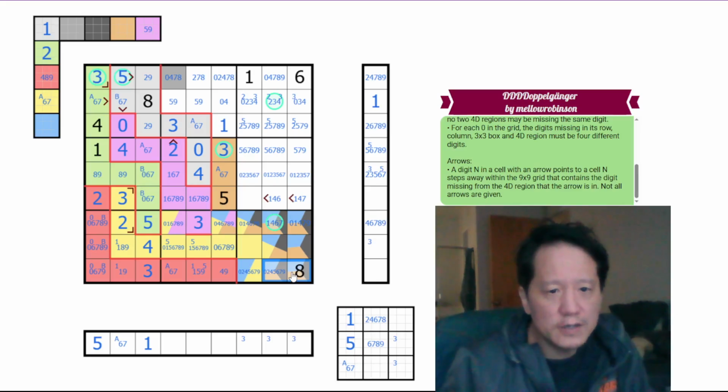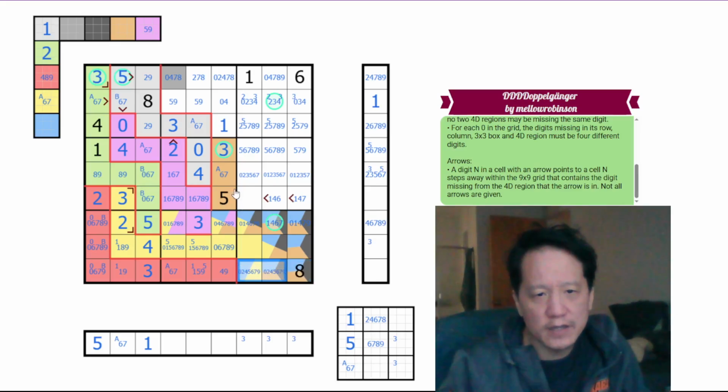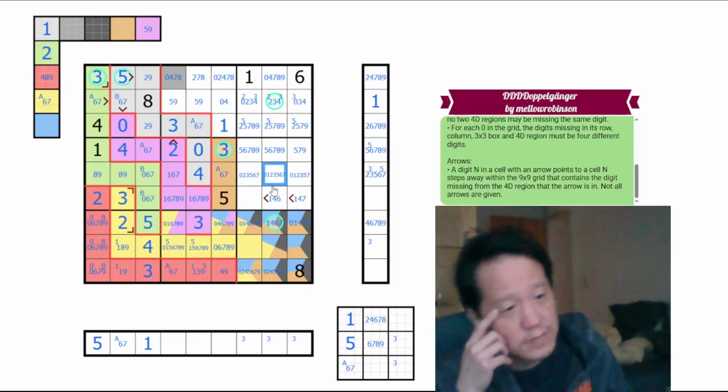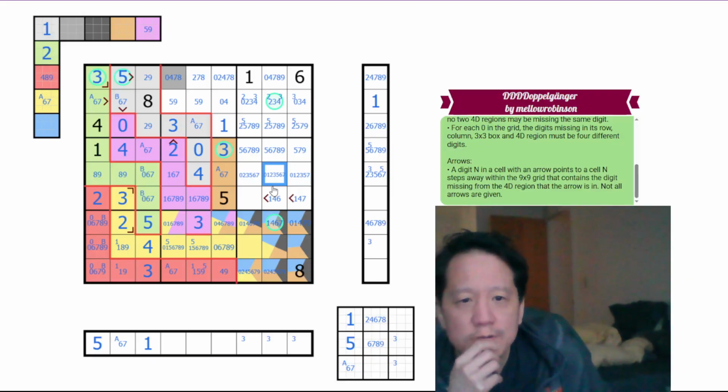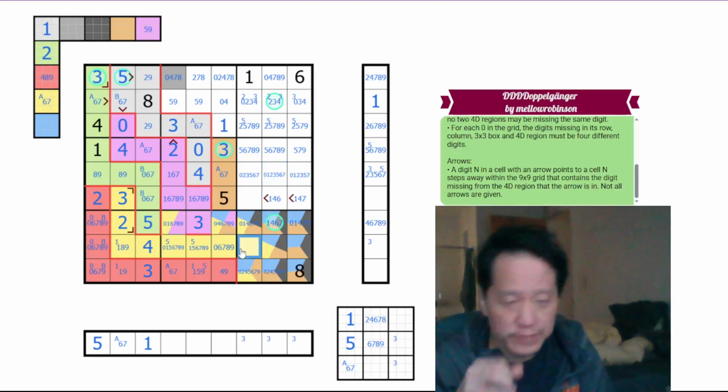I mean, technically, can orange get there? 1, 2, 3, 4, 5, 6, 7, 8, 9. Yes, it could actually get there. We know this is yellow, though.